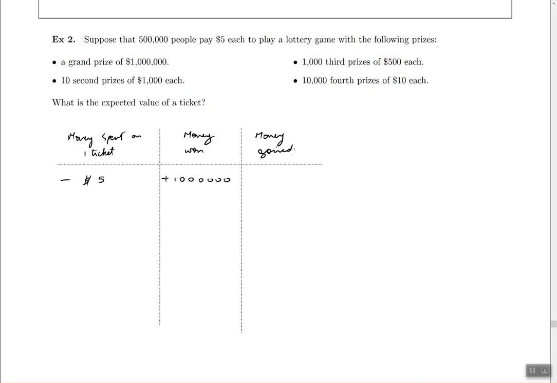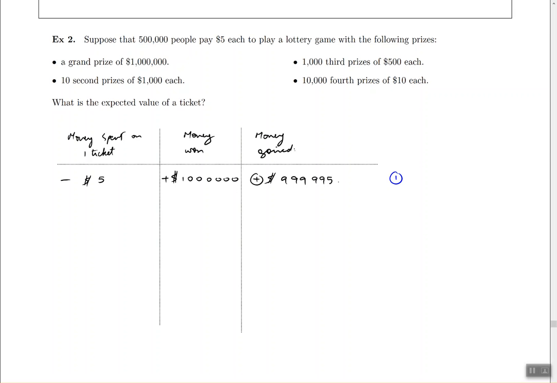And I won the $1 million prize. So in total, I ended up winning $999,995. That's how much money I won when I win the grand prize. And by the way, there's only one of these, so only one ticket will win this amount.